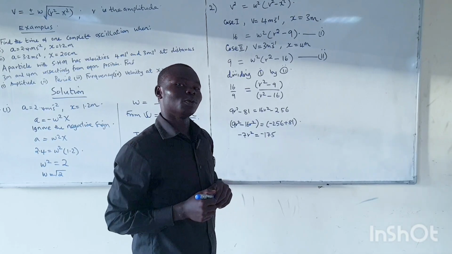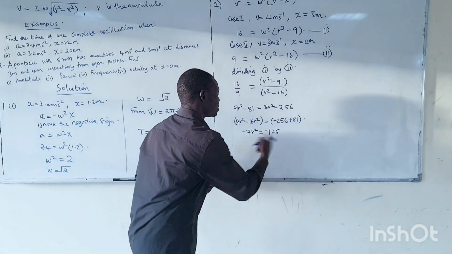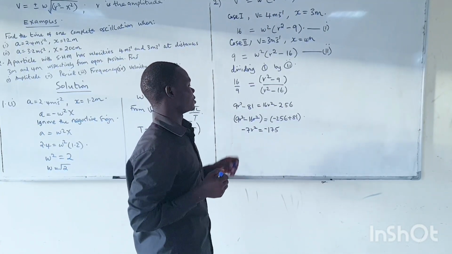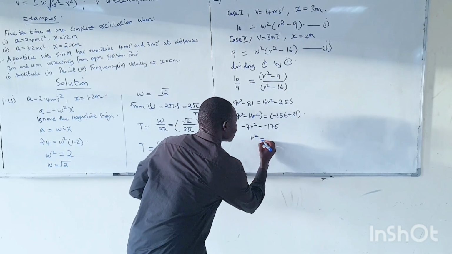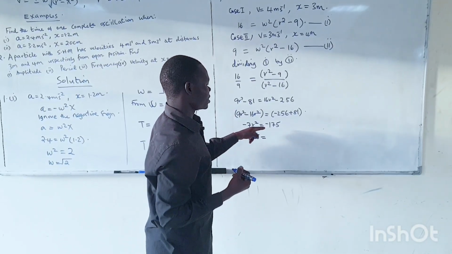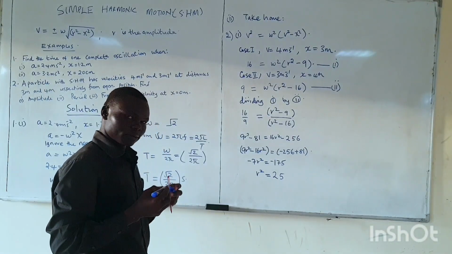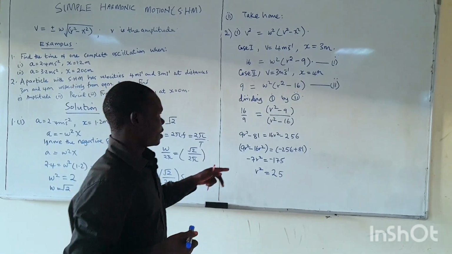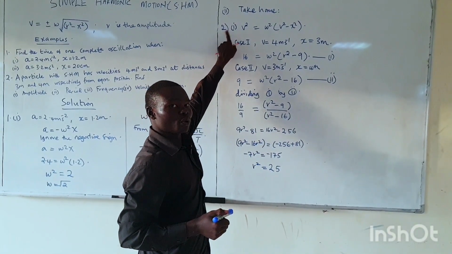Of course, we do division there. Divide both sides by negative 7, because our emphasis is on leaving r squared to be alone. So r squared is equal to, after dividing, we get 25. What we are doing is question 2, Roman number 1.